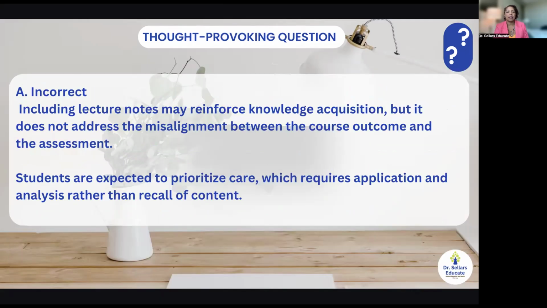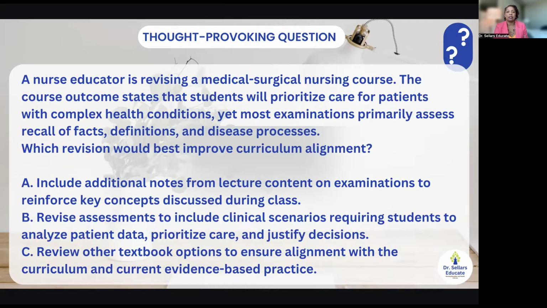Okay, so let's just go back and take a look at the question again. So, what was the goal? Well, we know for sure that a nurse educator is revising a med-surg nursing course. We also know that there's misalignment because what we've seen is with the exams, they have focused primarily at that lower level of Bloom's, right?